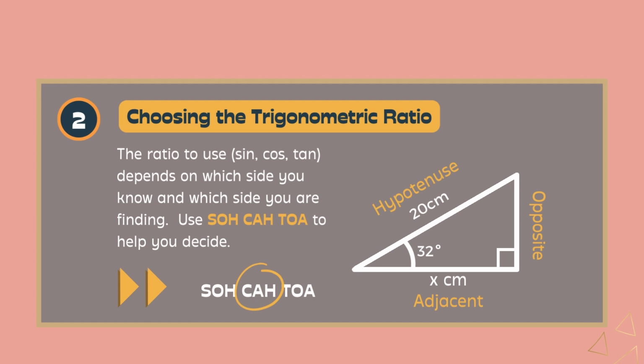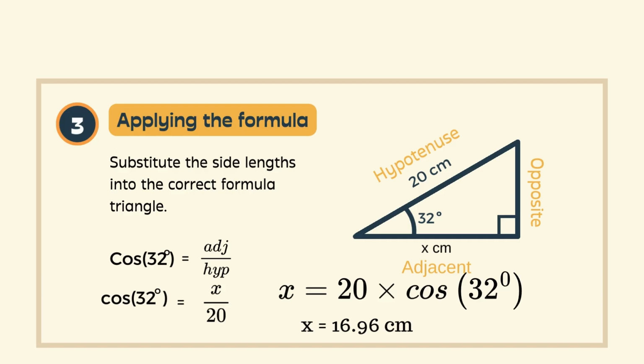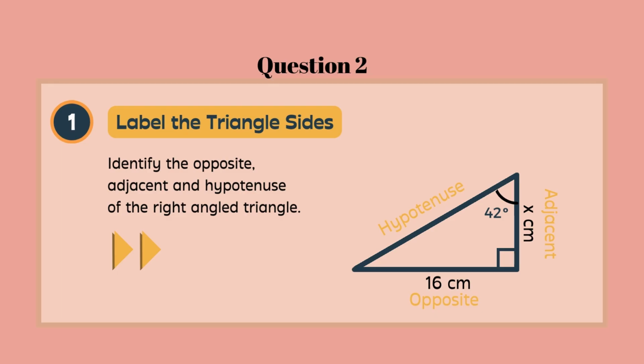So cos 32 degrees will be equal to adjacent divided by hypotenuse, which is x over 20. So my x will be equal to 20 times cos of 32 degrees, and when you calculate this, x is 16.96 centimeters. So let's go ahead and solve for the other one.